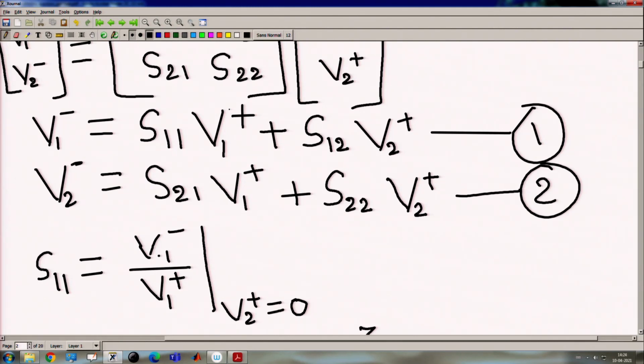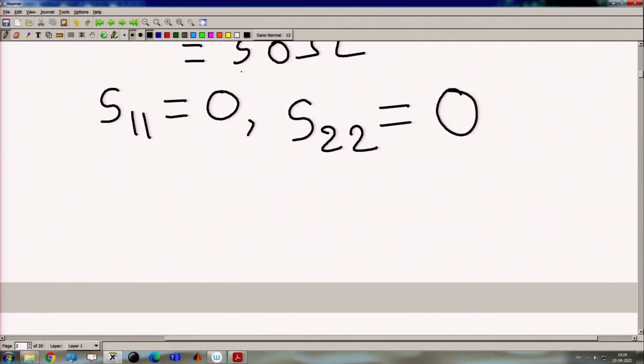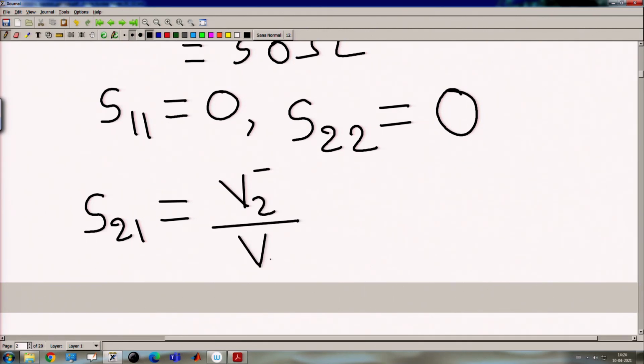S21 can be defined as V2 minus divided by V1 plus when V2 plus equals 0.